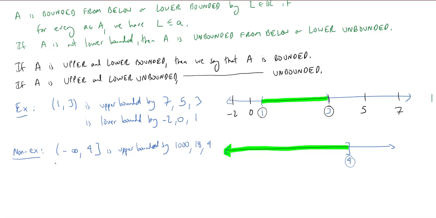But on the left-hand side, I'm looking for a lower bound, and there isn't one. This just keeps going as far as you want. Negative infinity is not a real number, so I can't use that as a lower bound. If I picked any really tiny number, negative a billion, this gets smaller than that. Negative 2 billion is in this set. So this is lower unbounded.